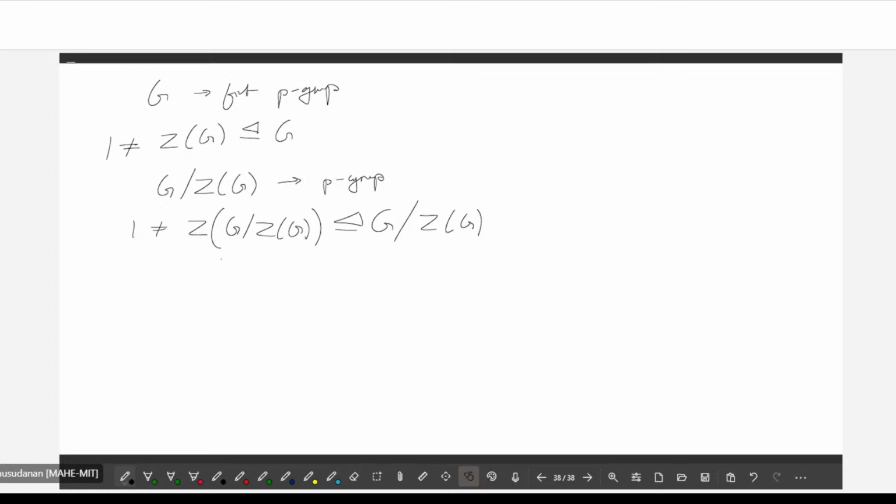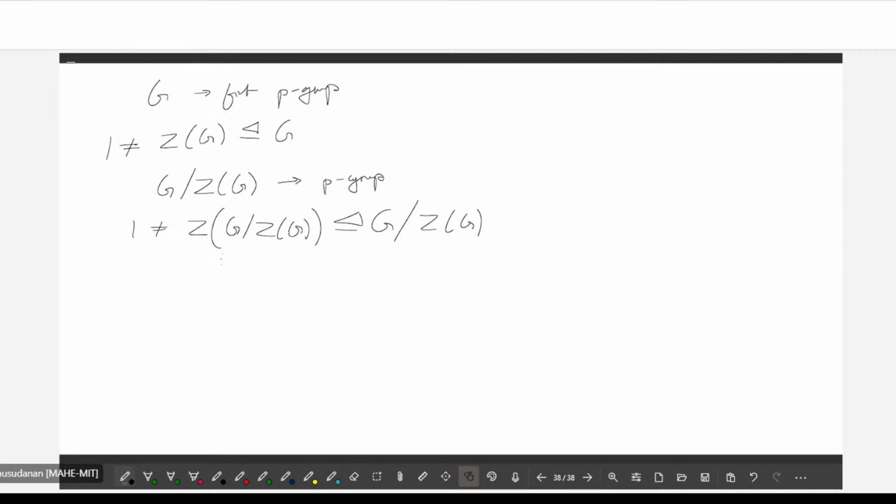So you can keep doing this until ultimately what happens? Ultimately it becomes abelian because it's finite. So ultimately you must get one at some point when you divide, because each time you quotient, the order becomes smaller, right? So at some point this must become one.